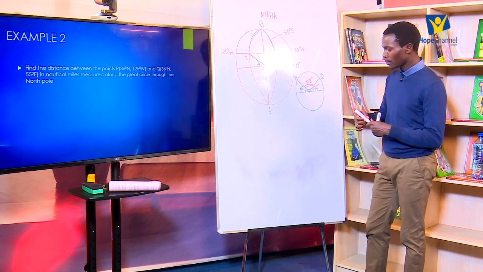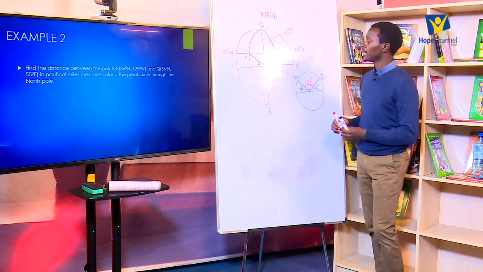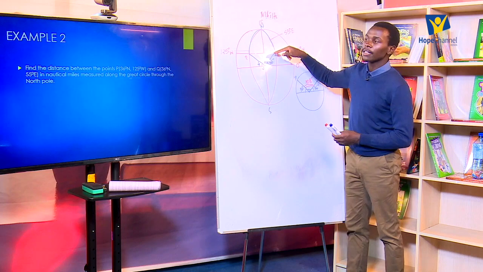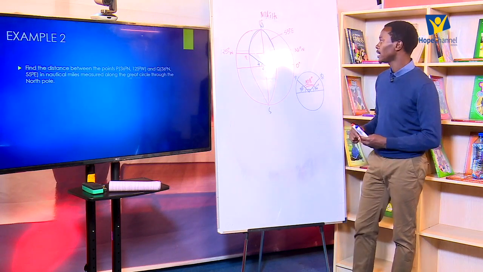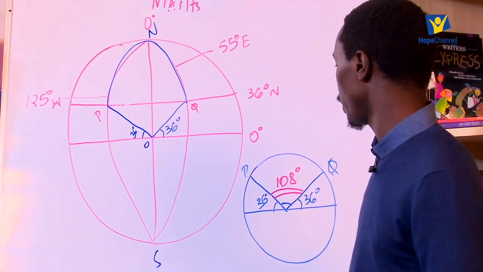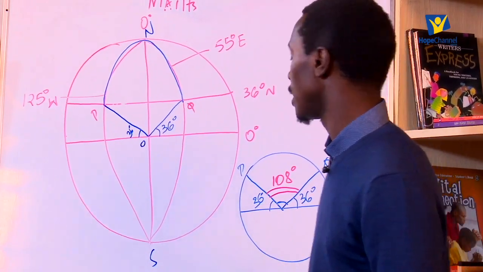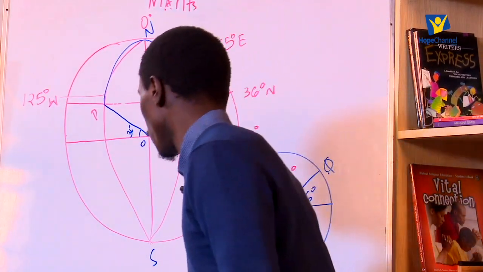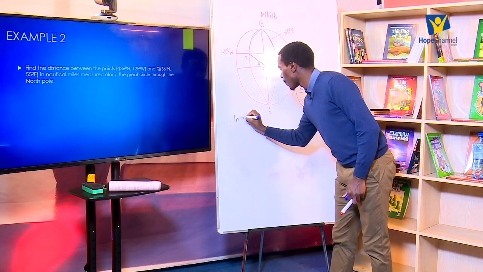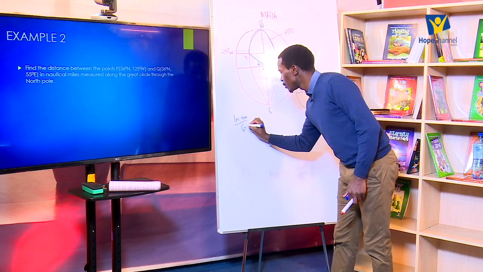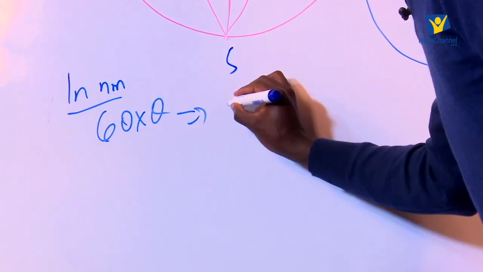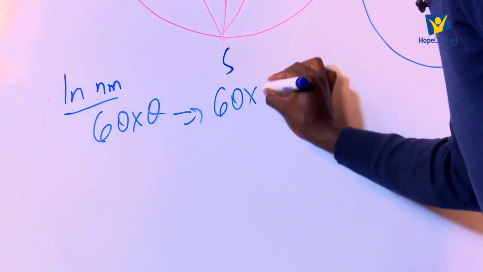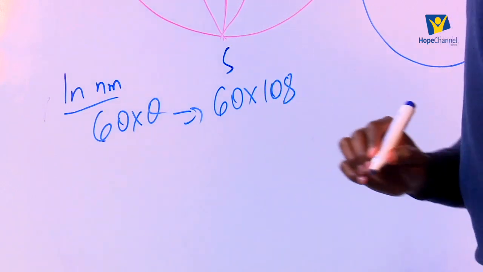So after getting the angle between them as 108 degrees, when considering the North Pole, that is the great circle through the North Pole, then now we can find the distance between the 2 points. Remember, we are talking about the great circle. And if it was in nautical miles, it is 60 multiplied by theta, implying that we'll have it as 60 multiplied by the angle, which is 108.